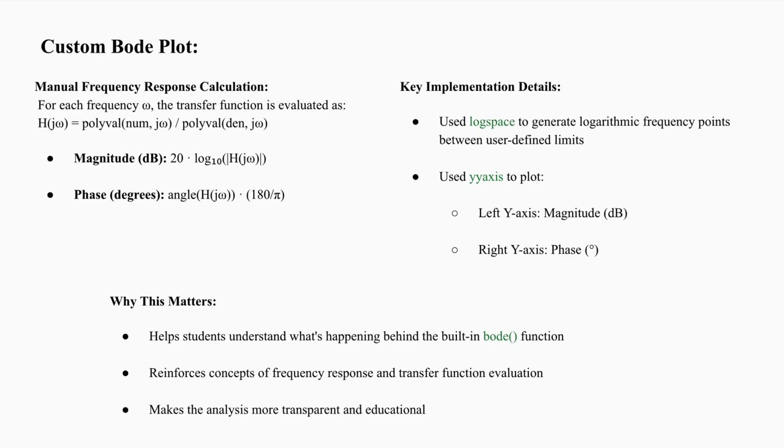We use logspace to generate the frequency on a logarithmic scale, which is just how the bode plot is. The left y-axis is the magnitude and the right y-axis is the phase.